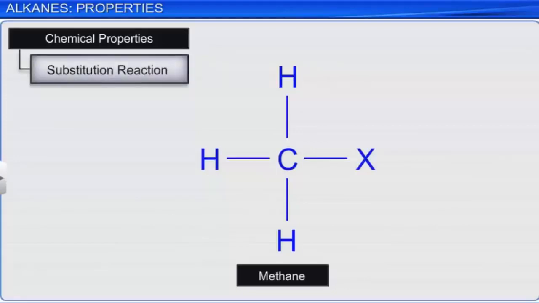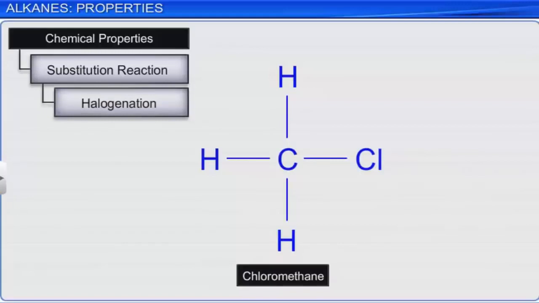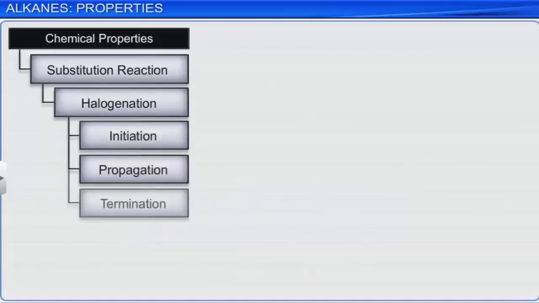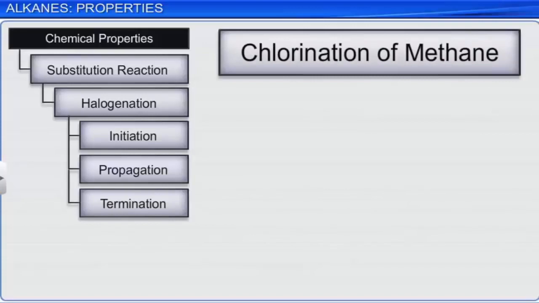When the element substituting the hydrogen is a halogen, the reaction is called halogenation. It involves 3 steps: initiation, propagation, and termination. Let's go through each step by observing the chlorination of methane.